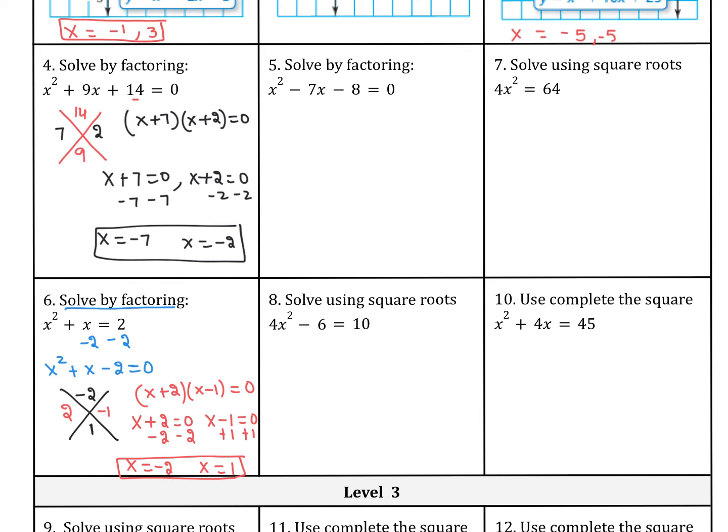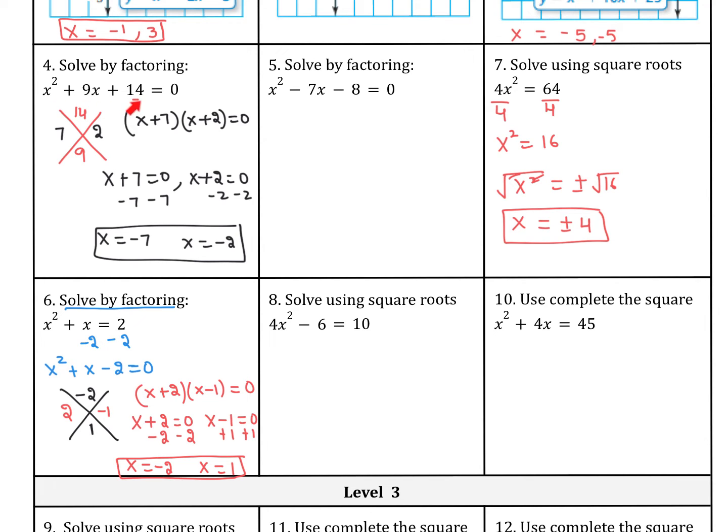If you're looking at square root problems, you're going to isolate the x squared. In this case, divide by 4 and you get x squared = 16. Take the square root on both sides, and x = ±4.